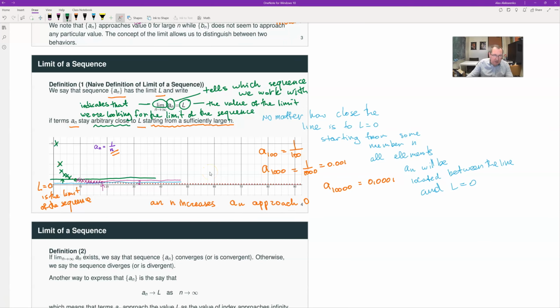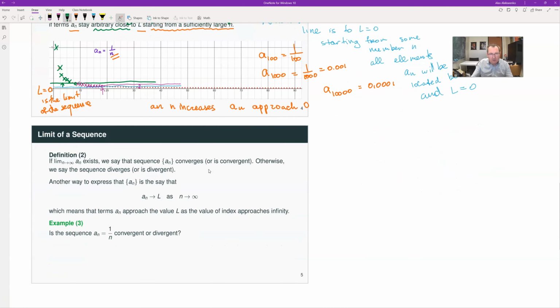Now that we discussed the meaning of the limit of a sequence and its notation, let's introduce a couple of more related notations and definitions. We say that a sequence converges, or is convergent, if the limit exists. If the limit does not exist, we say that the sequence diverges, or is divergent. We have an alternative notation to express that sequence a sub n has a limit.